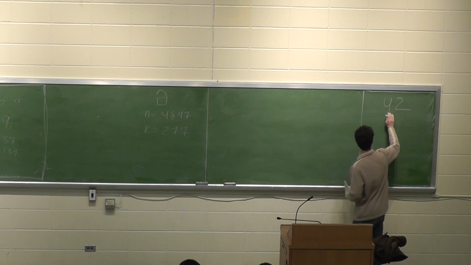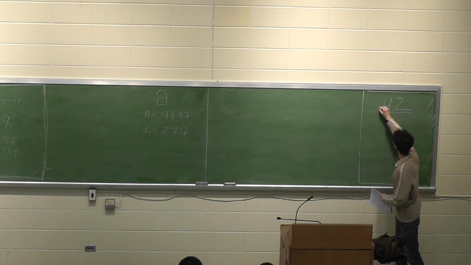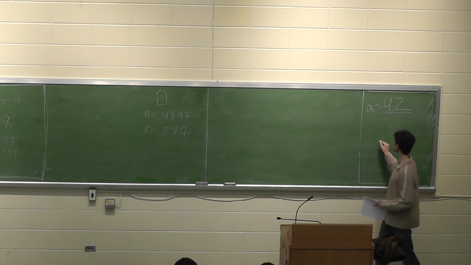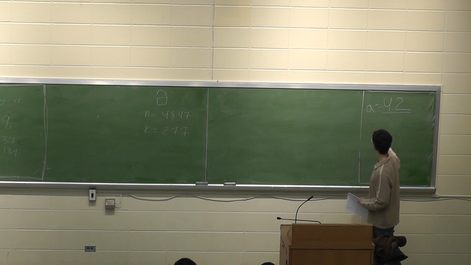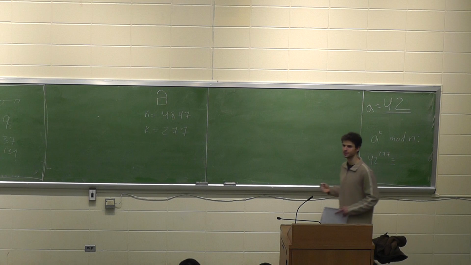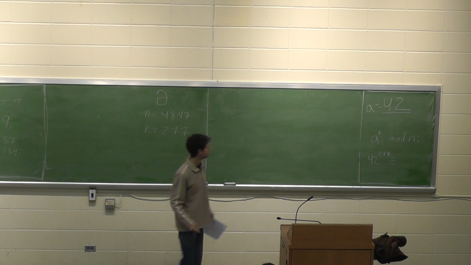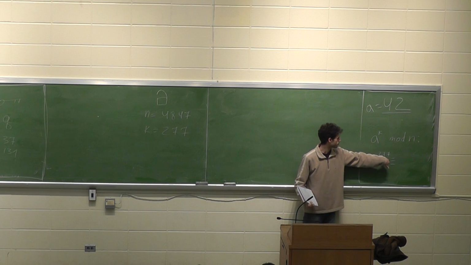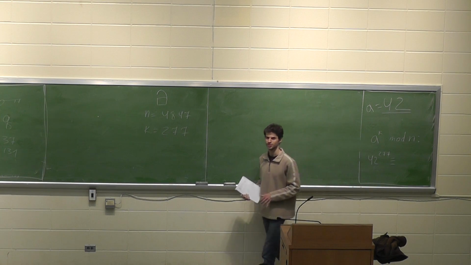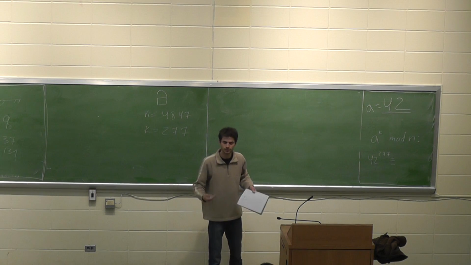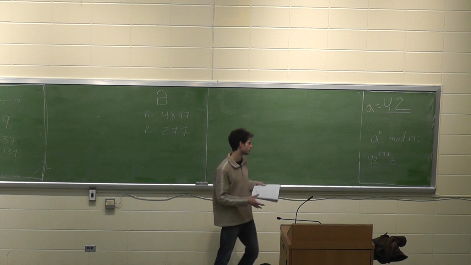And finally, you take your message, that's my a. You compute what is a to the power k modulo n, and so you compute what is 42 to the power 277. And you find out, well, here we do have a fast way to do this. We just have to perform something like logarithm of 277 operations. That's not very many. I mean, you just can give it to a computer.